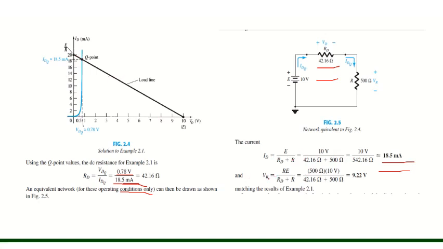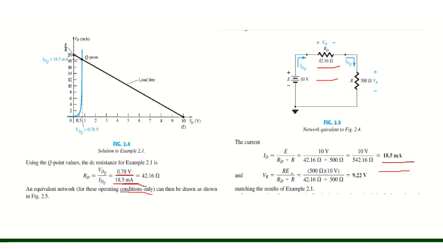Similarly, we can find out the voltage drop by employing the voltage divider rule, which is source voltage multiplied by the resistance value of the element where we need to calculate the drop, divided by the summation of all the resistances.